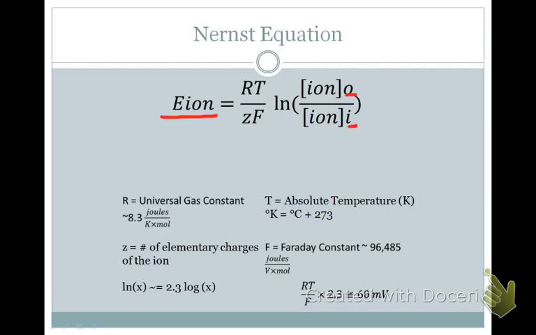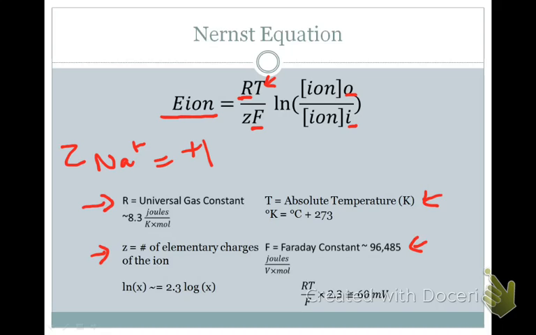So this equation uses two constants: R, which is the universal gas constant, and F, which is the Faraday constant. T is your temperature expressed in degrees Kelvin, and Z is the number of elementary charges of the ion. So for instance, Z of sodium would equal +1, Z of chloride would be -1.